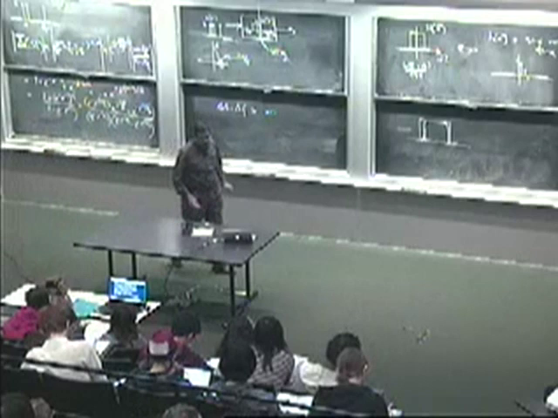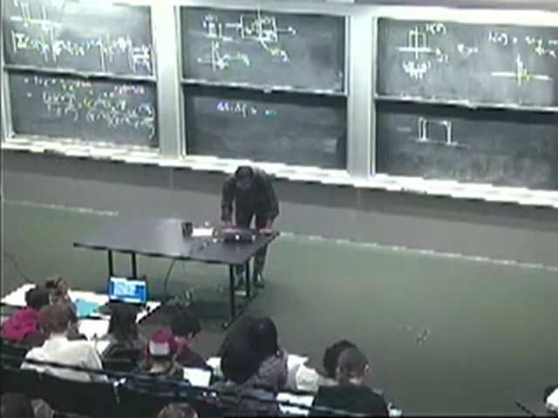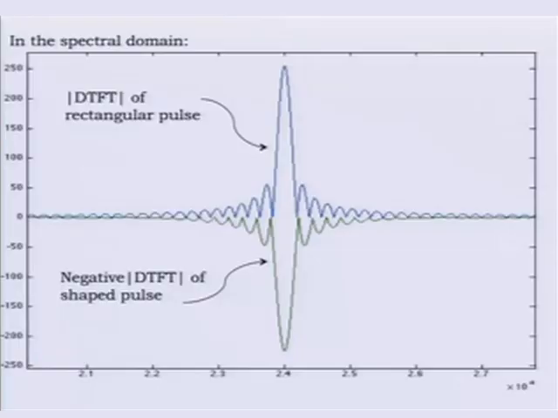So all I'm doing on the next slide is showing you, so your eye can compare what the spectral content is of the original pulse and of this rounded pulse. And for the rounded pulse, I actually just flipped it over so that you can compare more easily. So this is the negative of the DTFT magnitude of the shaped pulse. And you can sort of see right away here that the frequency content is essentially settled out.